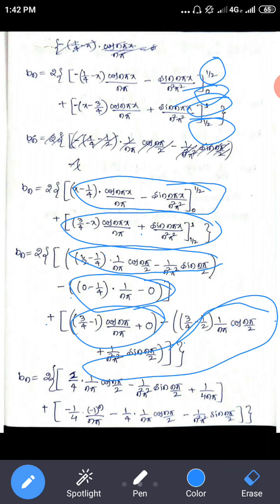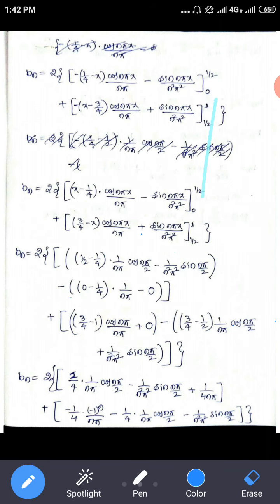So if you substitute, what you are getting is that 1 by 2 minus 1 by 4 is 1 by 4, 1 upon n pi cos n pi by 2 minus 1 upon n square pi square sin n pi by 2.